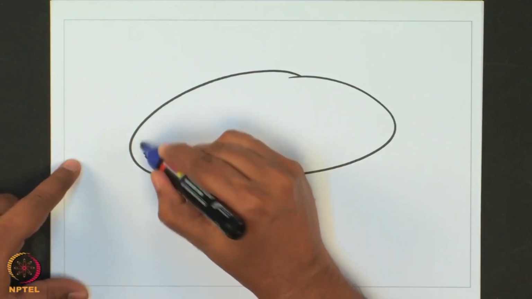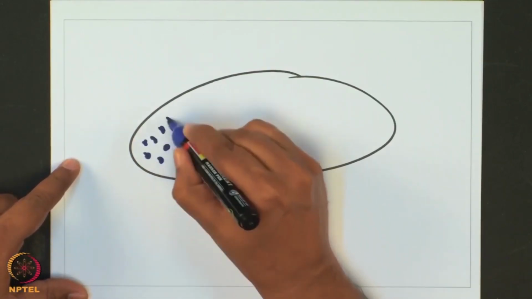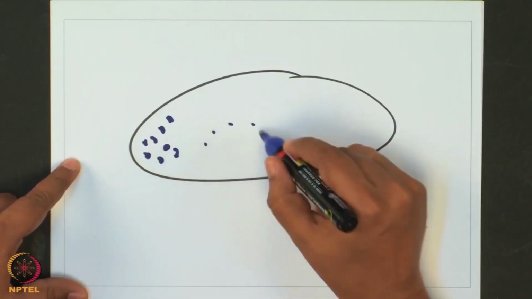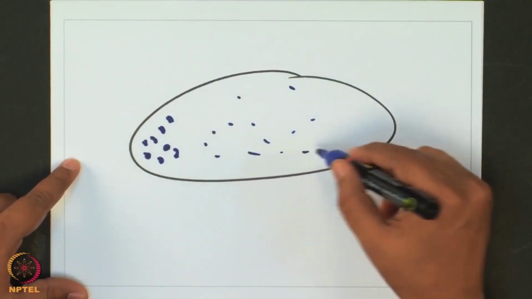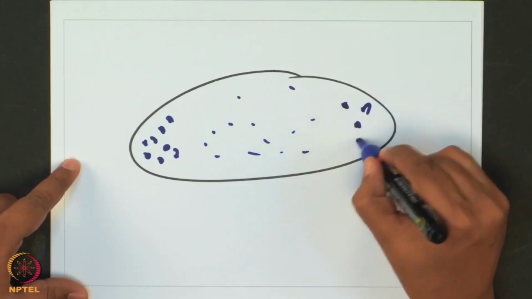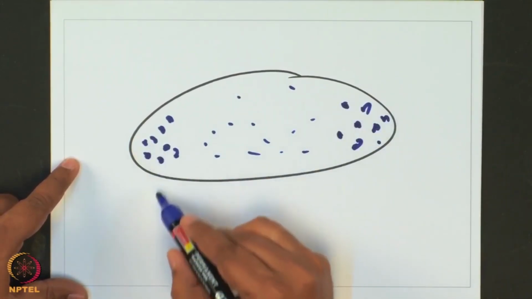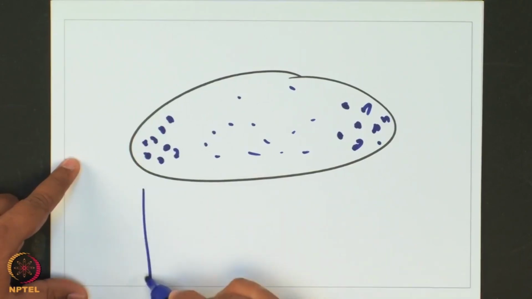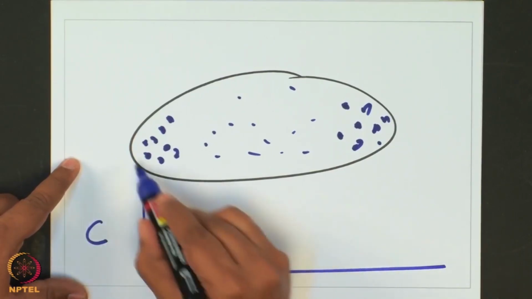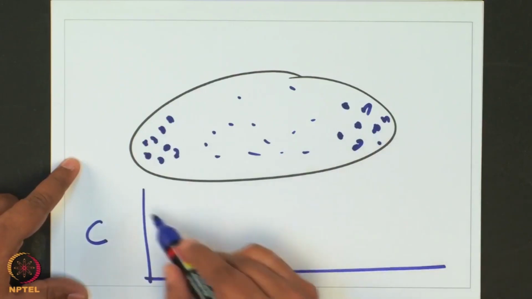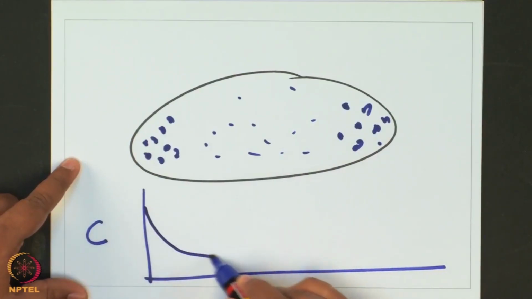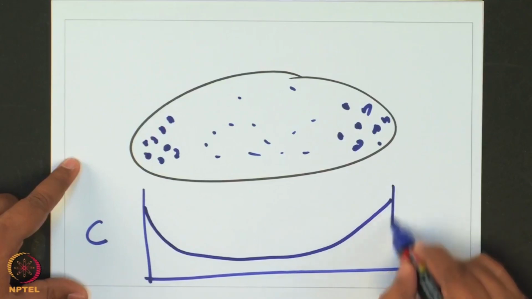For example, the proteins could be at very high concentration at one end, then very low concentration in the middle, and very high concentration here again. So if I plot concentration versus the x distance, it could decrease and then somehow increase.